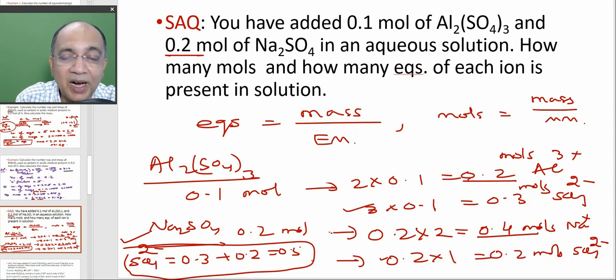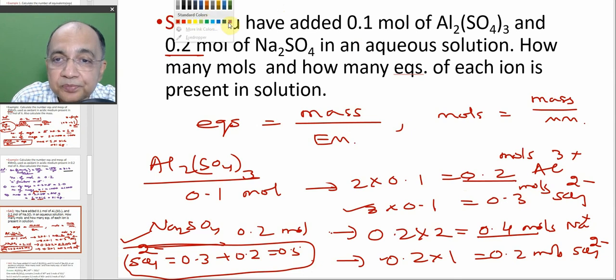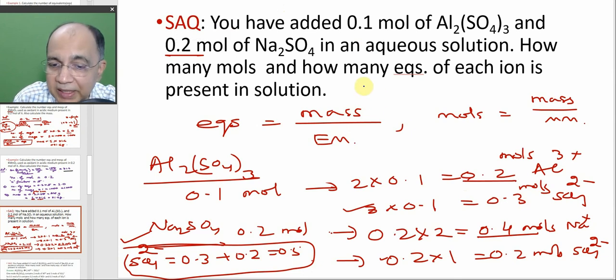Now tell me, how do we get the number of equivalents from the number of moles? That is very simple: the n factor. So I'm just changing the color here and writing here.